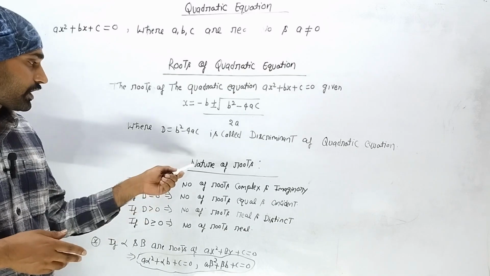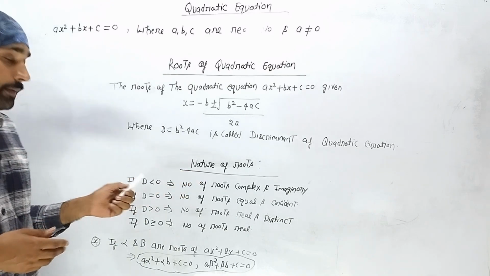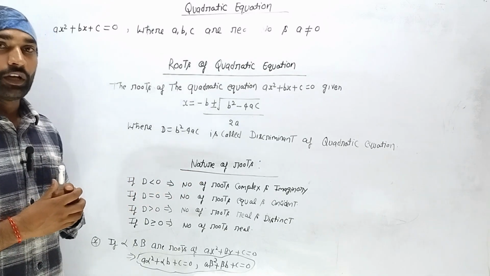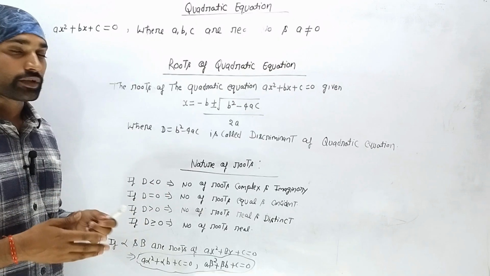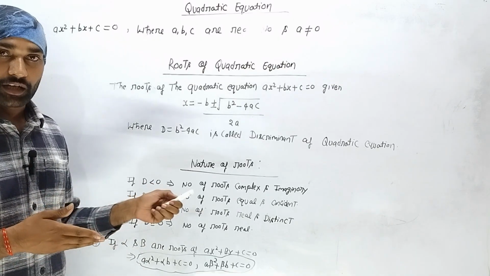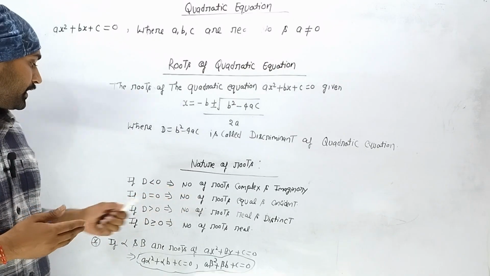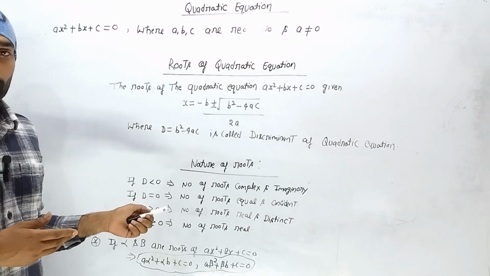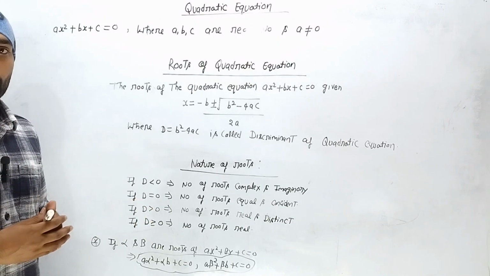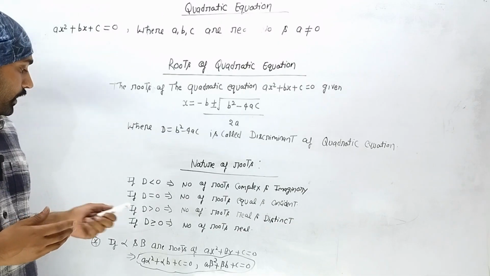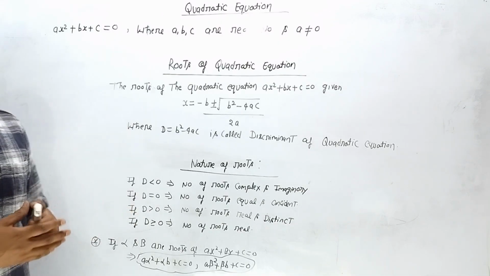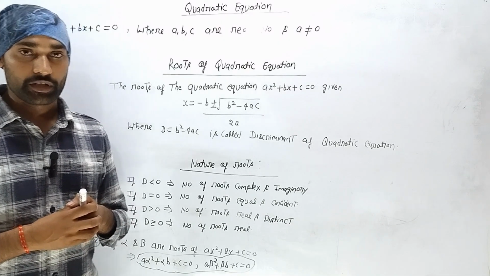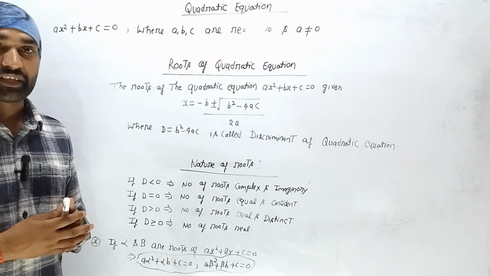Next, the nature of the roots. If D is less than 0, then the roots of the quadratic equation are complex and imaginary. If D equal to 0, then the roots are equal and coincident. If D greater than 0, then the roots are real and distinct.